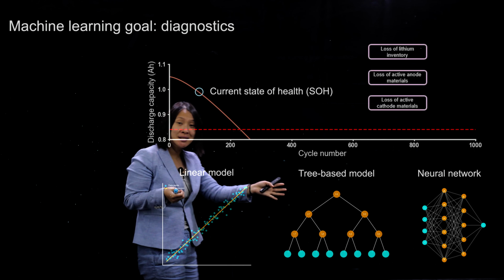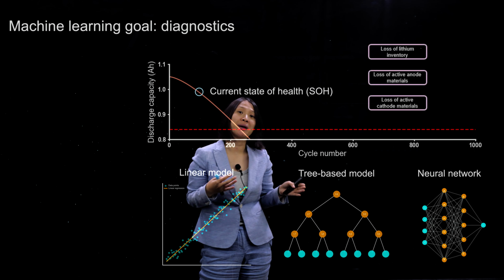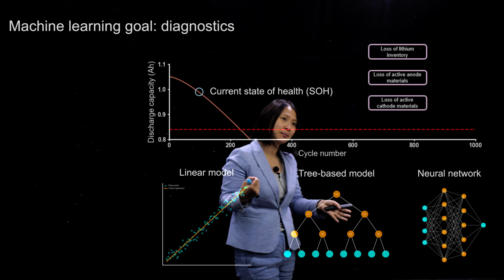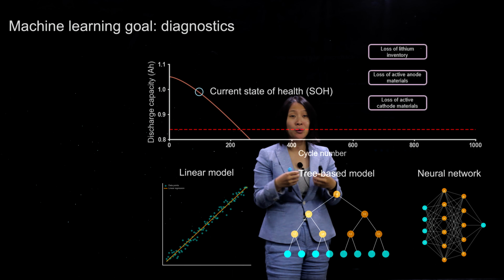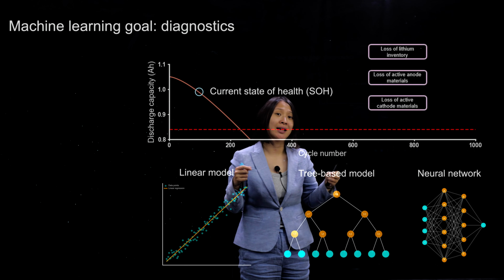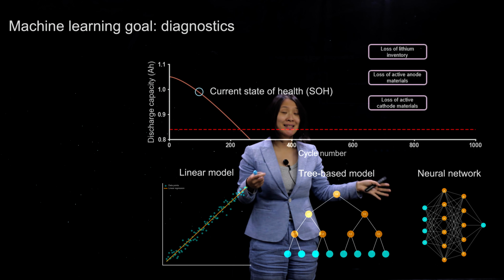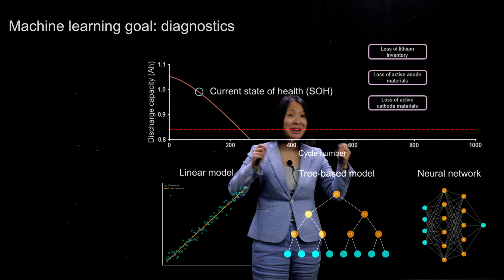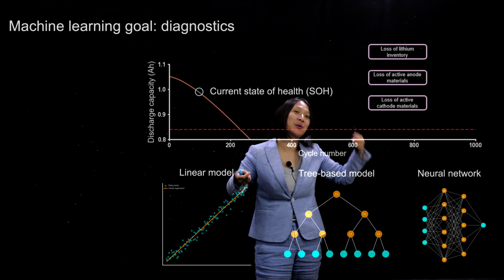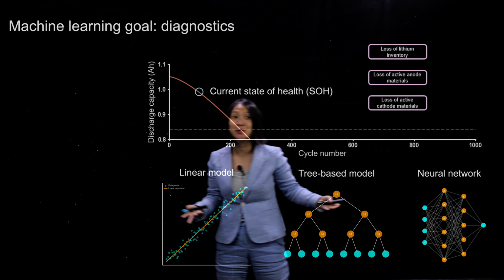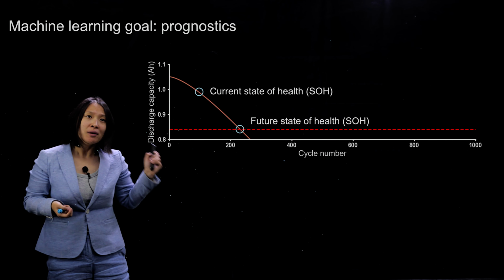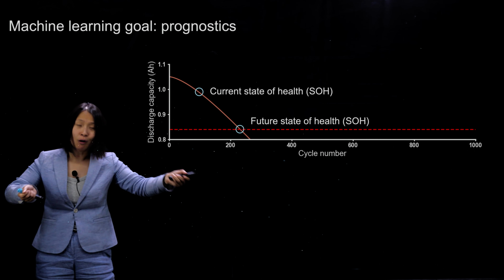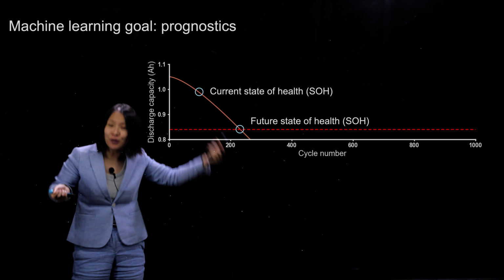Tree-based models are also very popular because they allow us to capture the nonlinear relationships between our input and output. When we have a lot of data, and when the data is complicated, neural networks are another choice. They allow us to fit the complicated relation between our input and output, which is the prediction goal we have.